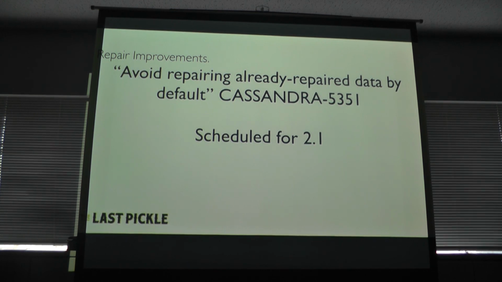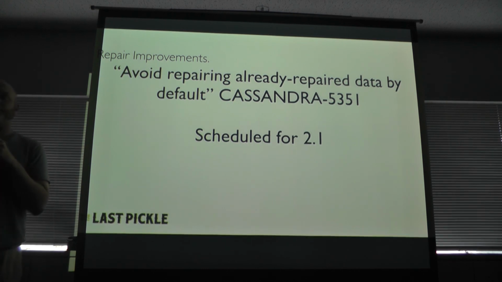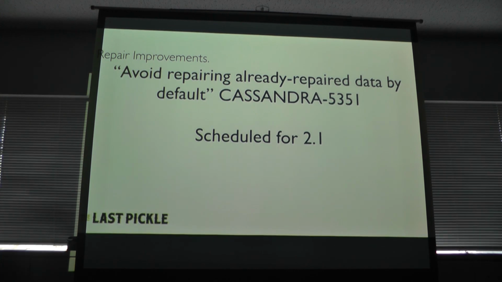If you do a full repair on Monday, and then you do another repair on Friday, we will now only repair the difference between Monday and Friday, which will have a dramatic improvement in the way that repair works from an operations point of view. Compaction is impacted by this, but we don't think it is going to have any major operational concerns.